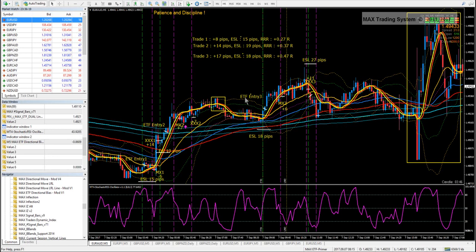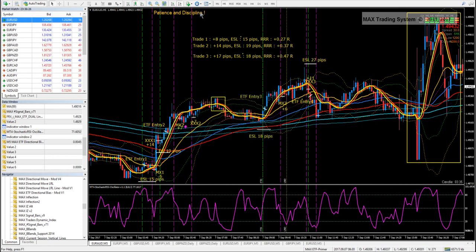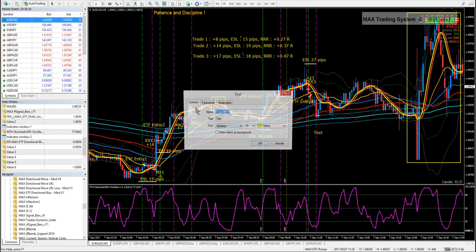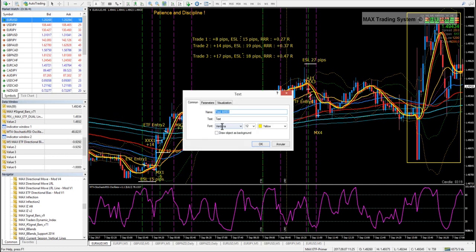And so we had our entry number 4 here, so 4 trades up to now, and a nice MX number 4 here, for a profit, not a big profit again. 14 pips minus the spread, 11 pips, plus 11.